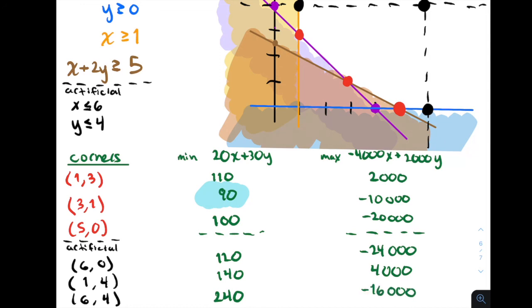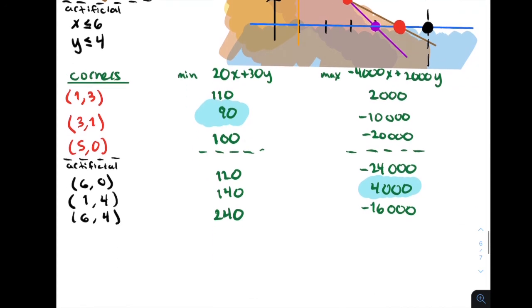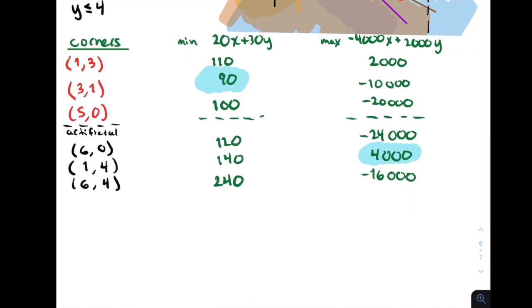Because we're trying to maximize, our largest value appears on one of our artificial corners, the corner (1, 4). This would correspond to that second objective function being unbounded.